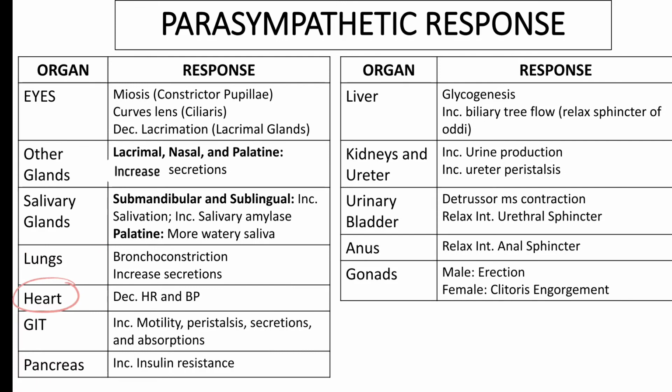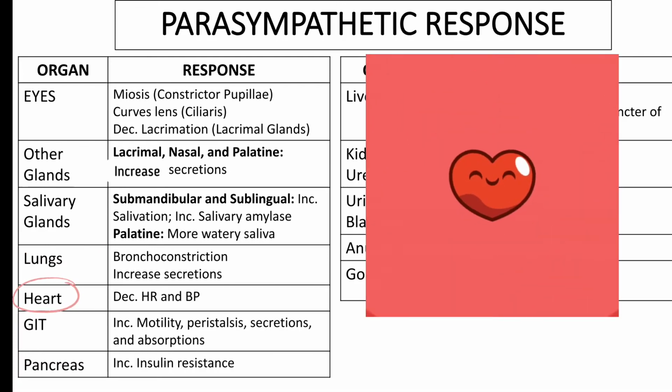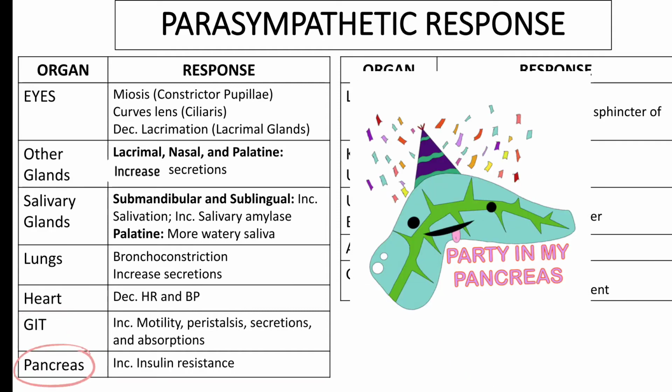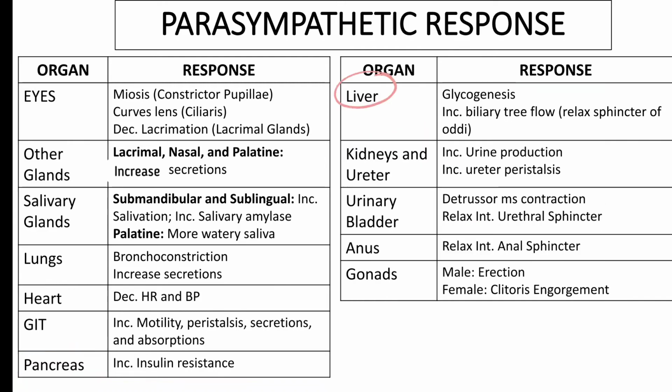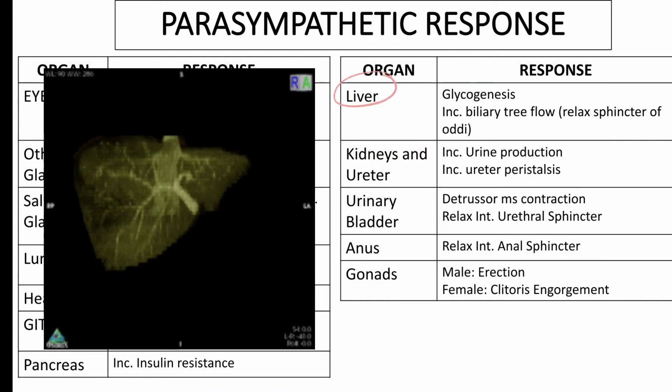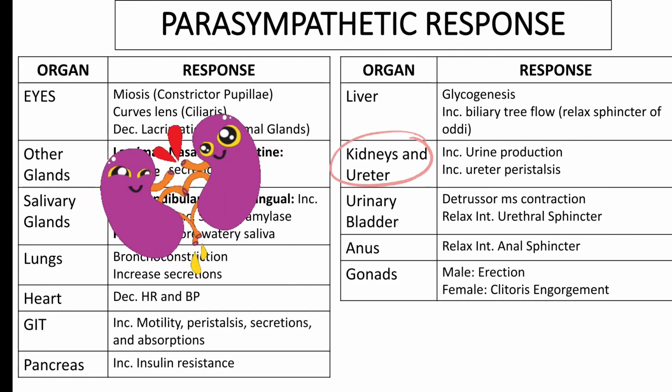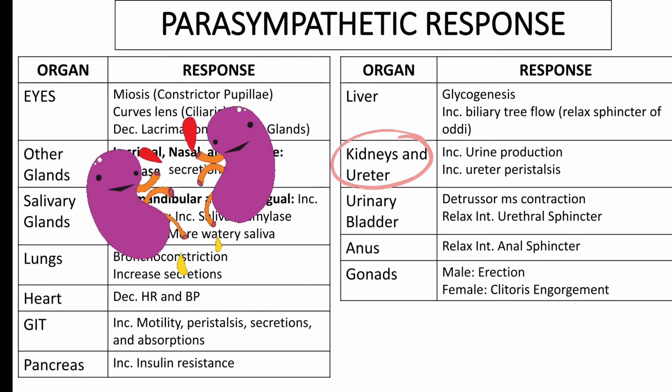For the heart, there is a decrease in heart rate as well as blood pressure. For the GIT, there is an increase in motility, peristalsis, secretions, as well as absorptions. For the pancreas, there is an increase in insulin resistance. For your liver, there is glycogenesis and an increase in biliary tree flow. For your kidneys, there is an increase in urine production, and for your ureters, there is an increase in ureter peristalsis.